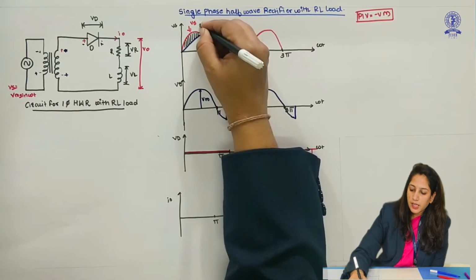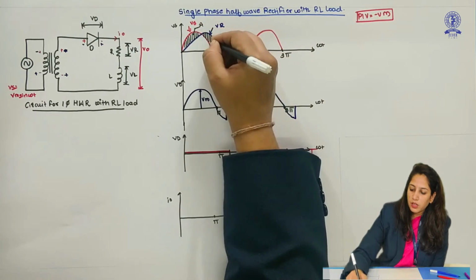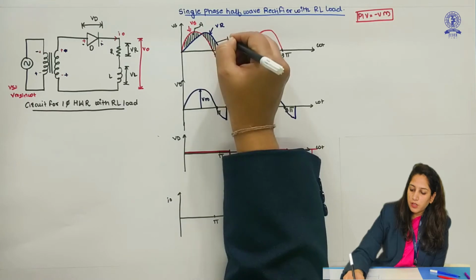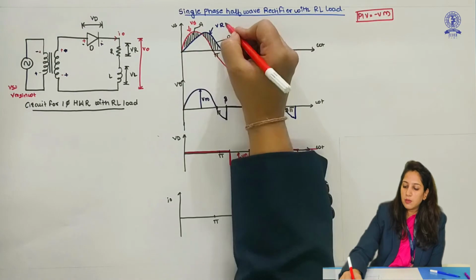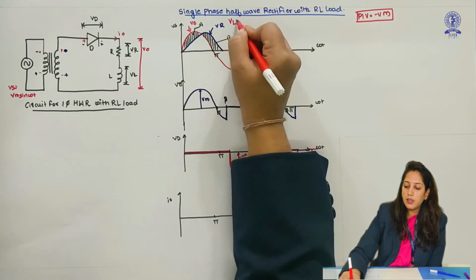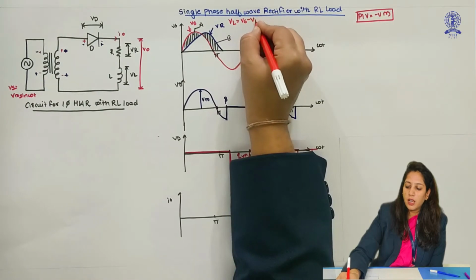Suppose I call this area A, this shaded portion, and this area B, this shaded portion. These areas A and B are VL, that is the voltage across the inductance, which will be Vs minus VR.